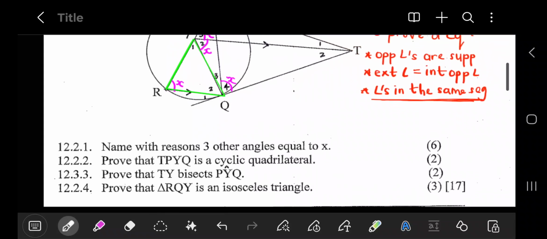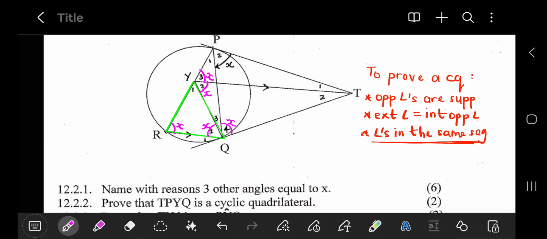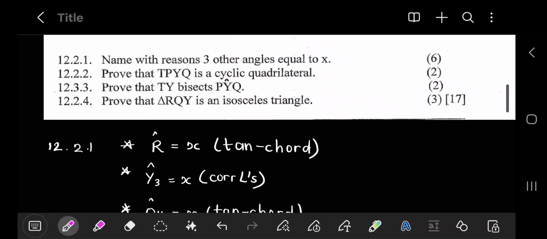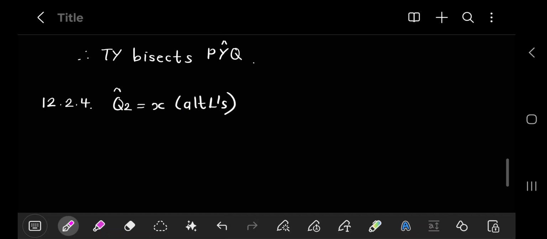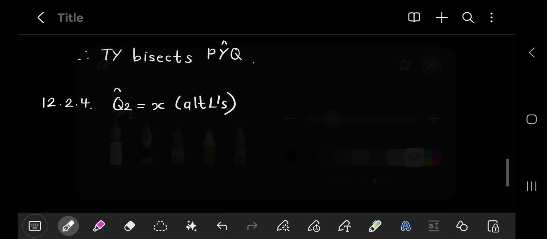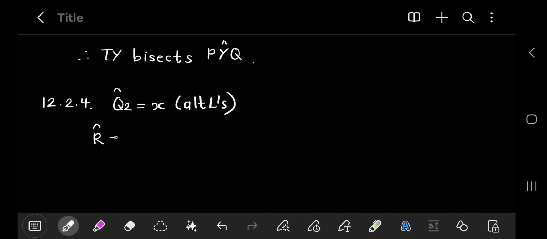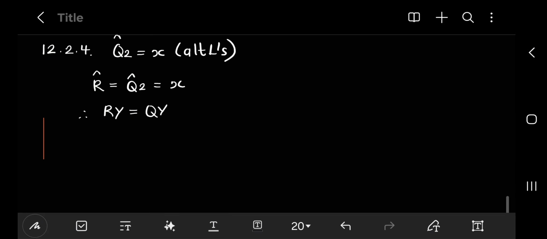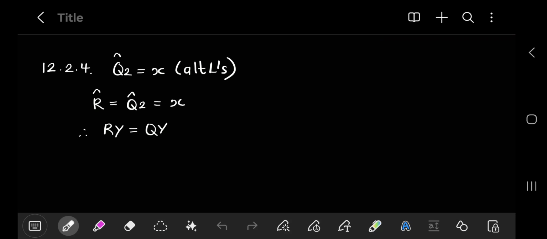Then we're going to mention that because we have equal angles, the sides opposite them should be equal as well. But we can state the angles first, so we can say angle R is equal to angle Q2, which is x. Therefore, RY is equal to QY.